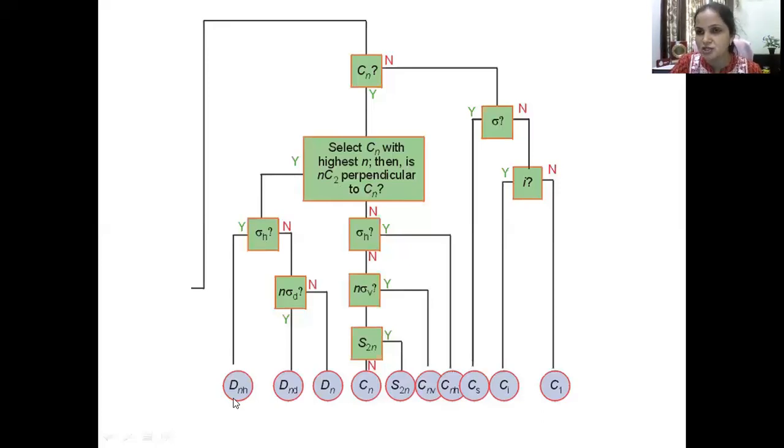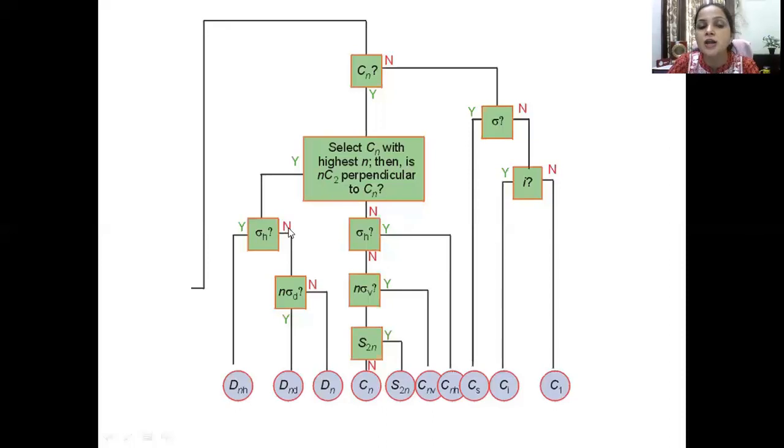Please remember that if the molecule is possessing only one principal axis, only one rotation axis, then the point group is assigned as Cn. And if there is another C2 axis perpendicular to that Cn axis, then the point group changes from Cn to Dn. As I have done over here, Cn, C2 perpendicular, and if a horizontal plane is there, then Dnh.